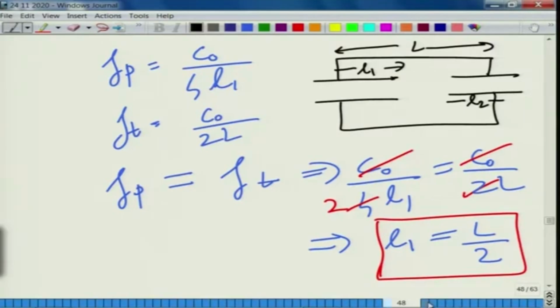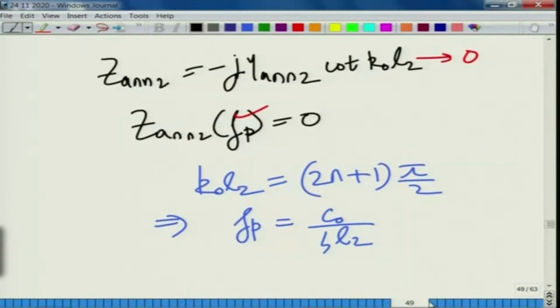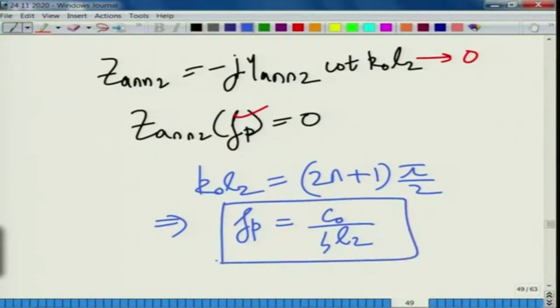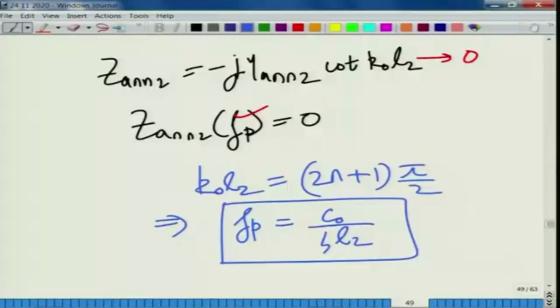When you have this expression, this frequency for a certain L2, for the first axial resonance frequency at which the peak will occur for the annular cavity at the outlet, is given by C naught by 4 L2. So, let us try to eliminate the second trough, that is the second natural frequency.